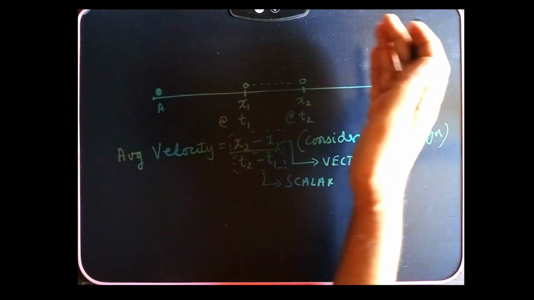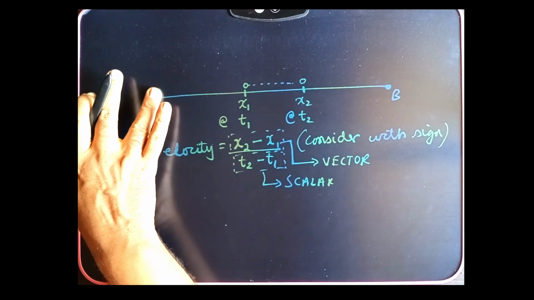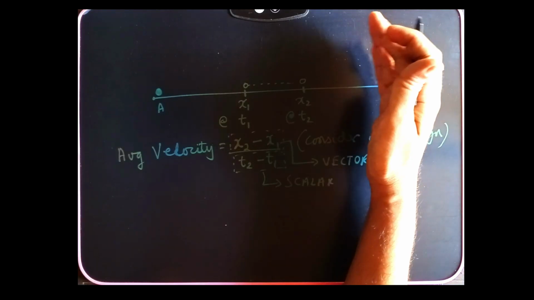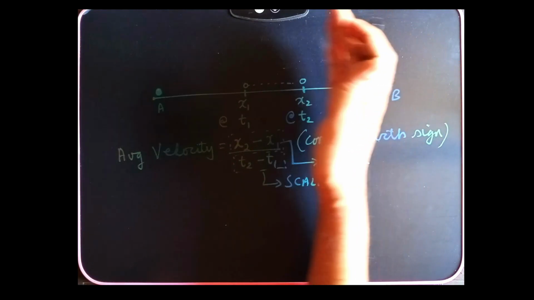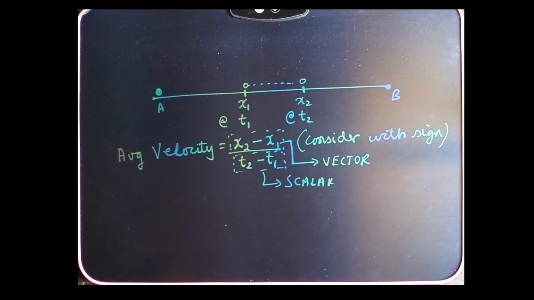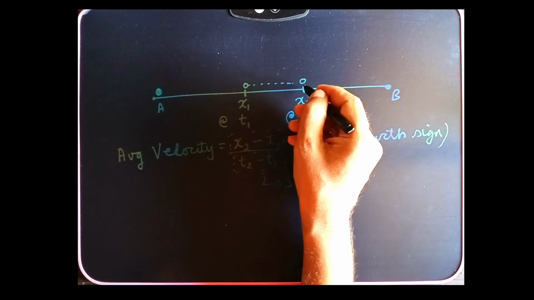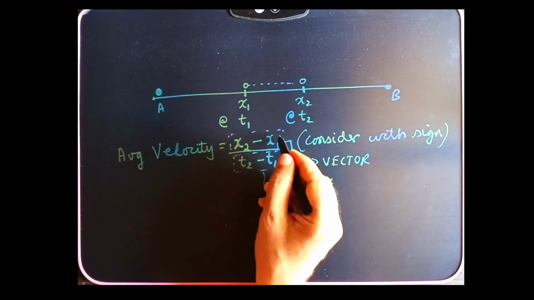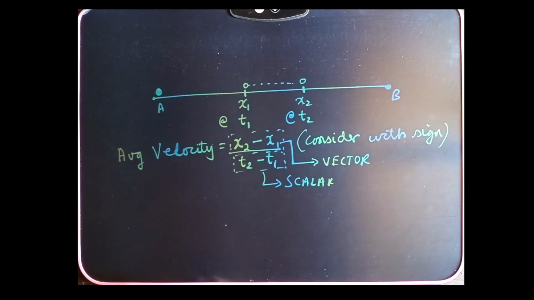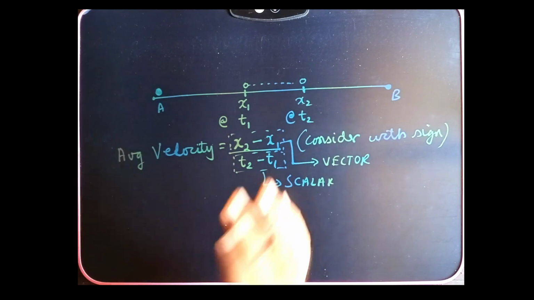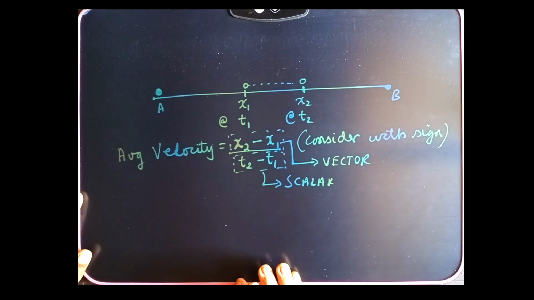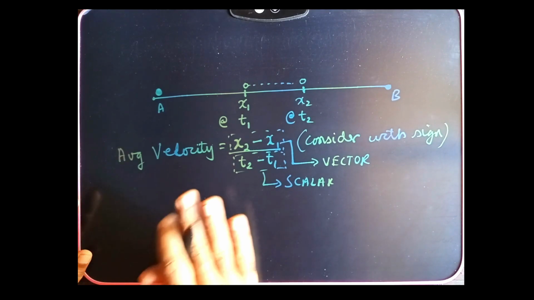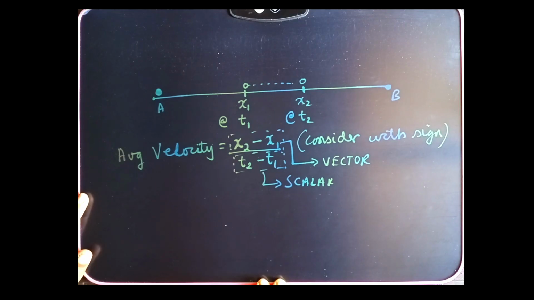So if I change the origin from A to the right side, then all my values here on the left will turn out to be negative. So then x2 will take minus x2 minus minus of x1. That is going to be the change in displacement depending on where the origin is placed. This is about average velocity.